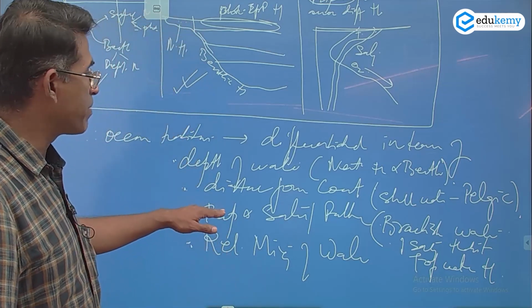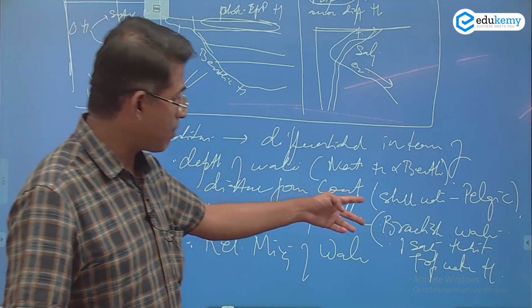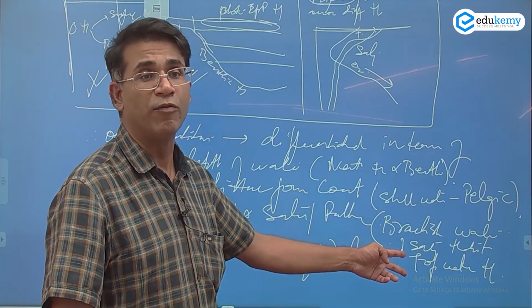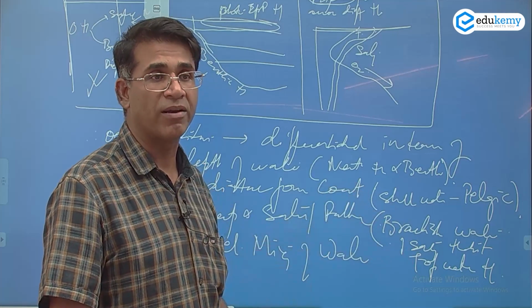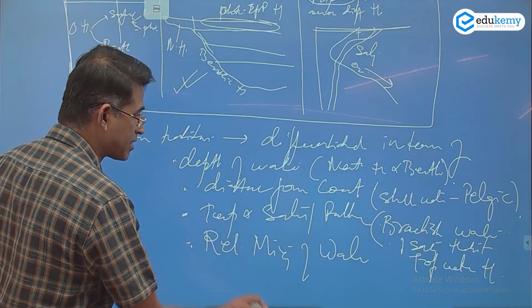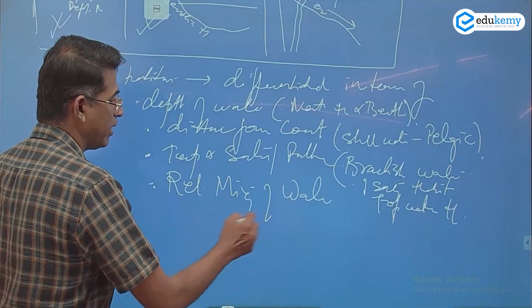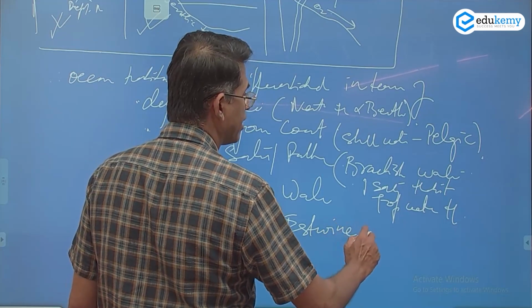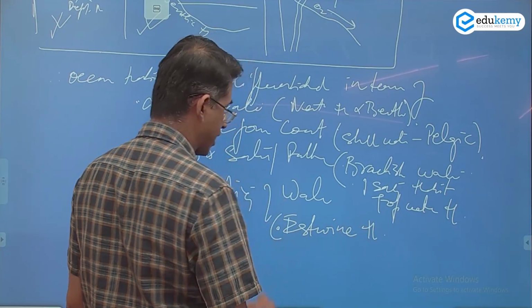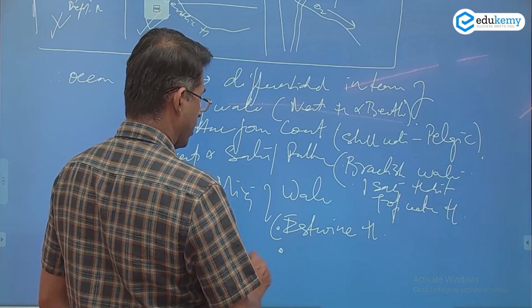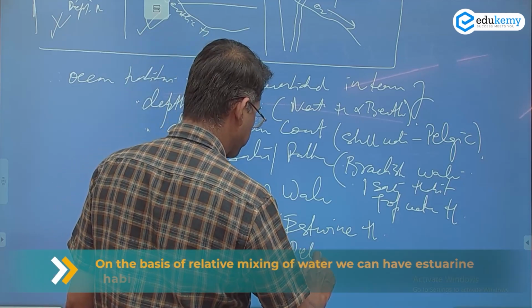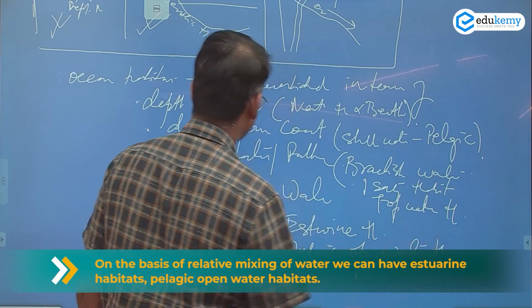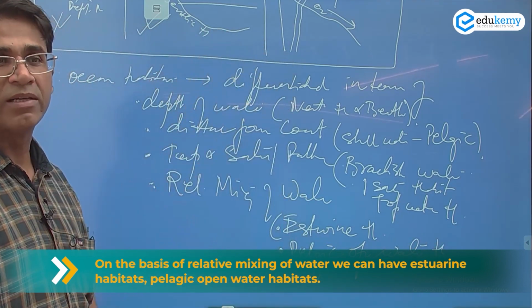In terms of temperature and salinity, they can be brackish water, high salinity ones, or tropical warm habitats like the coral reefs. And in relative mixing of the waters, we have estuarine habitats and pelagic open water habitats.